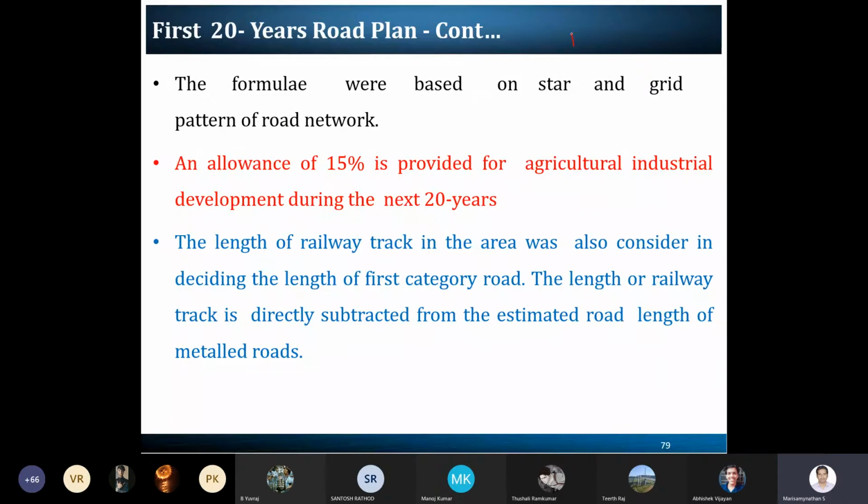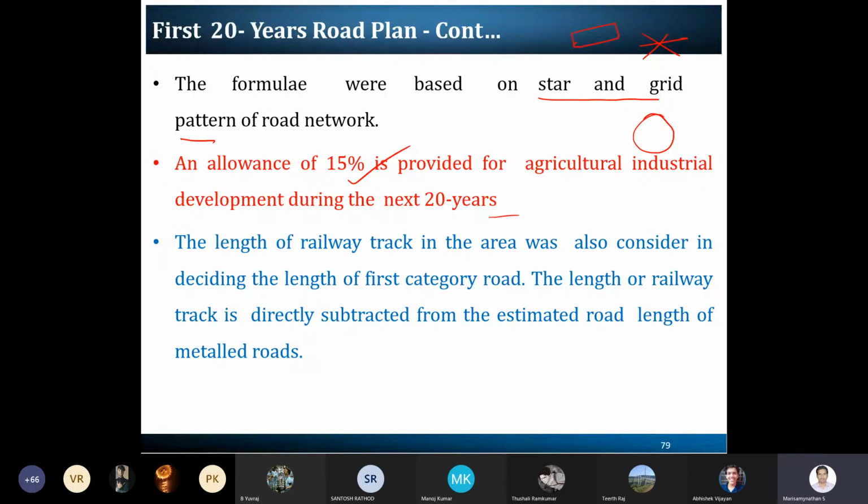A road network might be rectangular, star, circular or grid. They formulated it based on their plan; it is the star and grid pattern of road network development they were targeting. Including that, they gave a 15% allowance for agricultural and industrial development during those 20 years. These are the things they considered in the first 20-year plan.